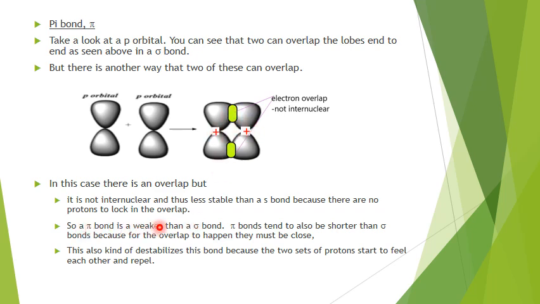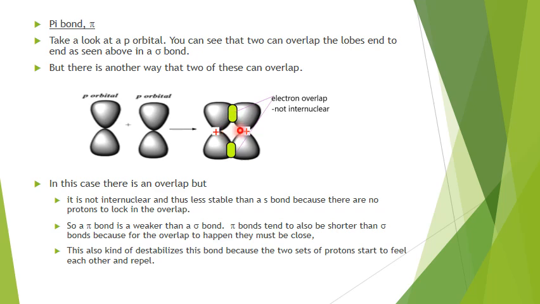So a pi bond is weaker than a sigma bond. Also, pi bonds tend to be shorter because you have to get these guys close together. But when you get them close together, that puts the protons close together, and that also destabilizes them, and they want to repel each other. So that's another reason why pi bonds are more unstable.